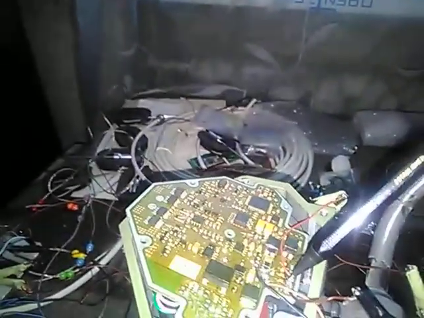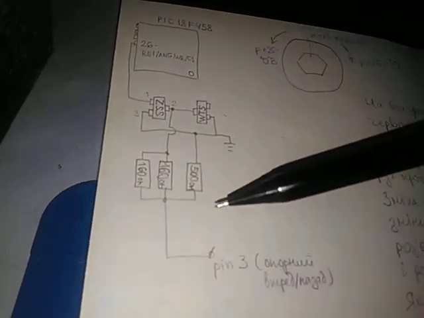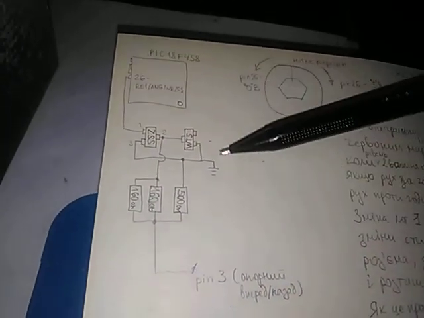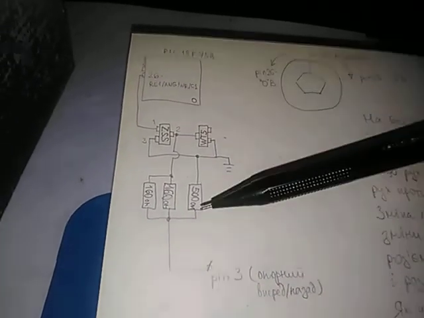by means of the third pin of the main connector. This pin is a reference pin. The main control unit delivers a reference voltage to this pin. The third pin is here, and the chart of this analog control channel is presented on this chart.